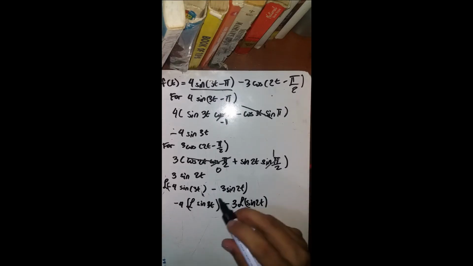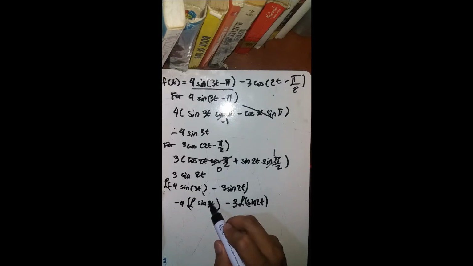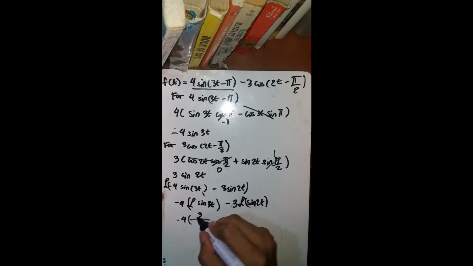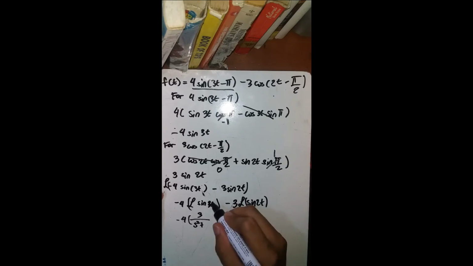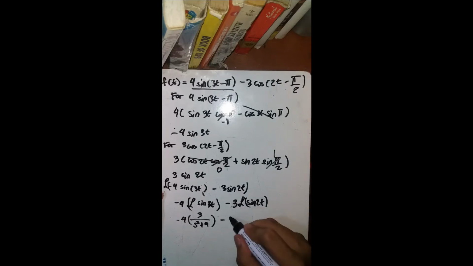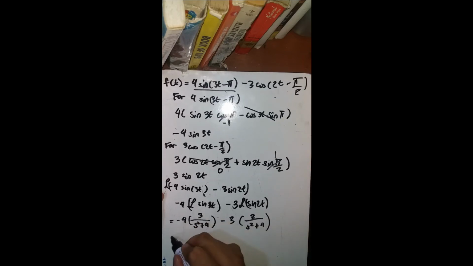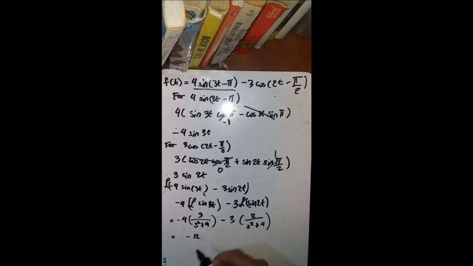And from the table we have a over s squared plus a squared. So your a here is 3, s squared plus 3 squared, which is 9, minus 3 times a over s squared plus a squared, where a is 2. Simplified further, we get negative 12 over s squared plus 9 minus 6 over s squared plus 4.